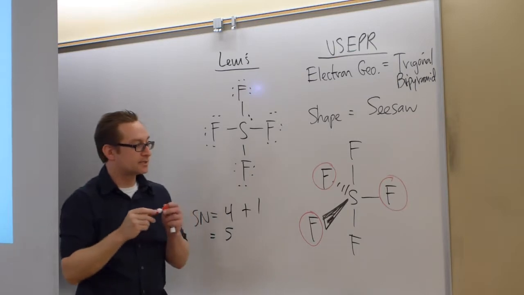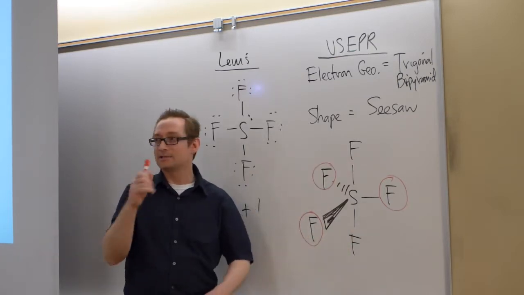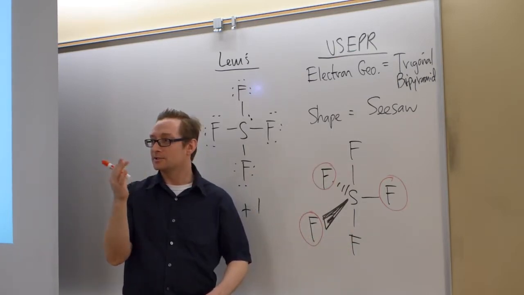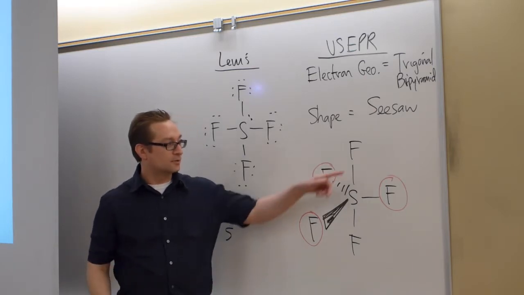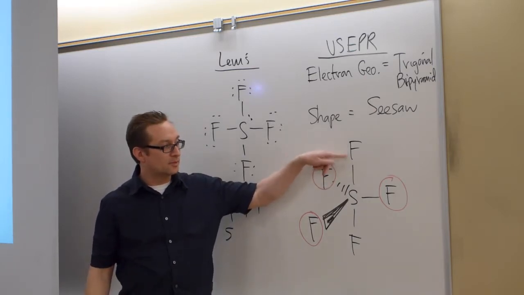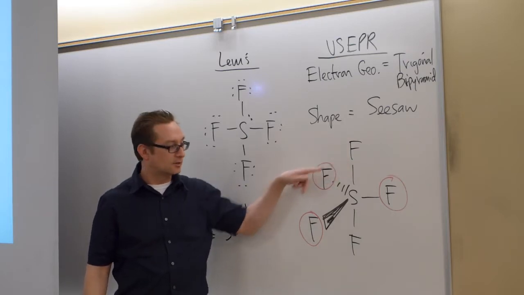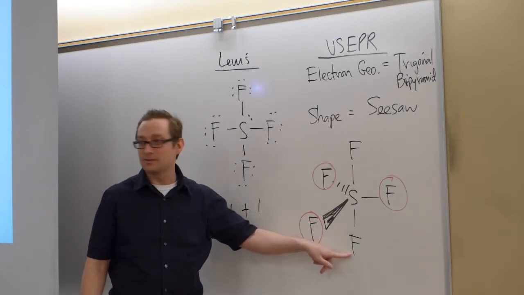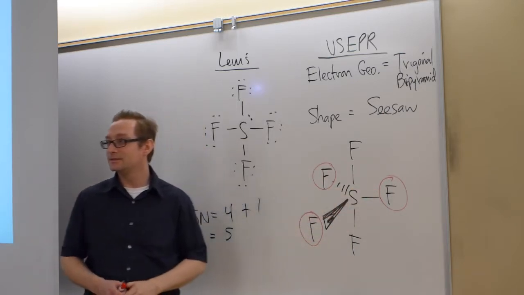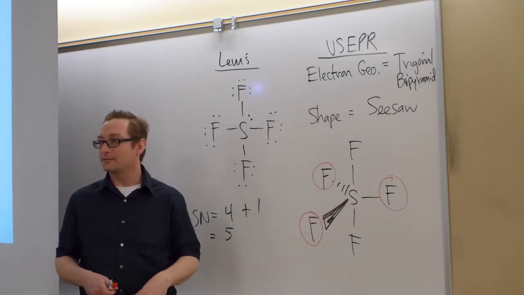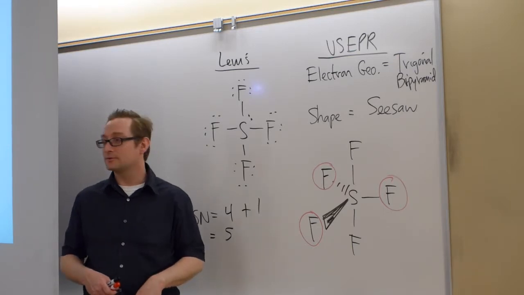And then the axial positions are the axis of the molecule where the equatorial positions can spin around. So do we take off this fluorine to put the lone pair on here? Or do we take off this one at the bottom? Or do we take off one of these three? One of those three, right? One of the equatorial positions. Does it matter which one I take off? The answer is no, it doesn't.